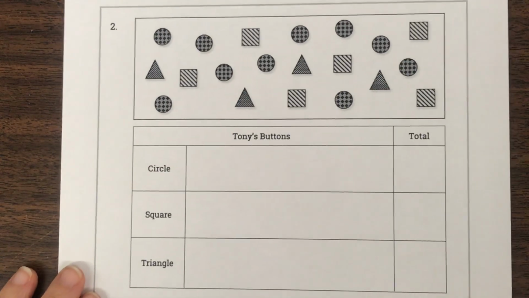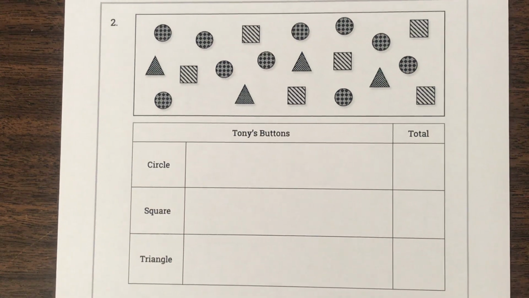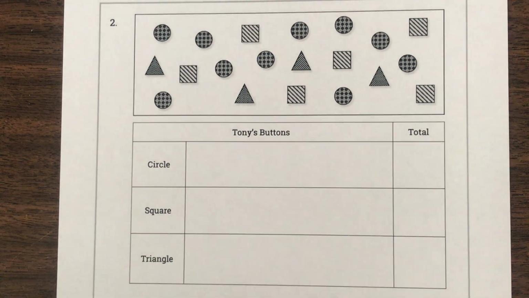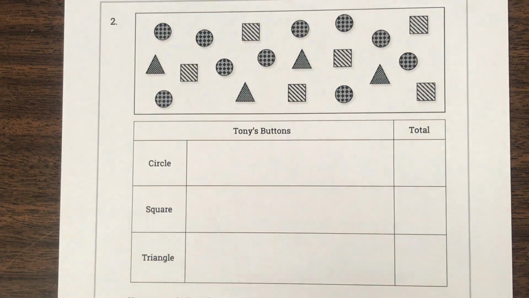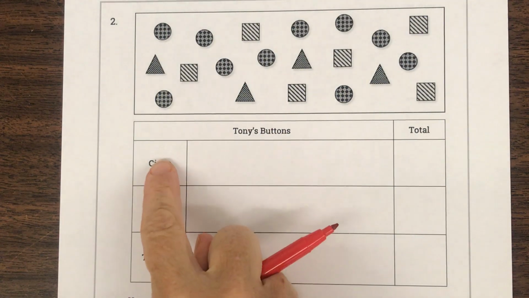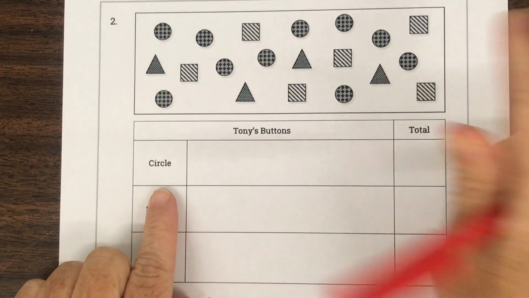Here's my next one. The title is called Tony's Buttons. This time they didn't draw the pictures for me. They left all the pictures up here and I need to put them in my picture graph. So I have circle, square, and triangle. Remember, I'm going to cross them off as I count them.